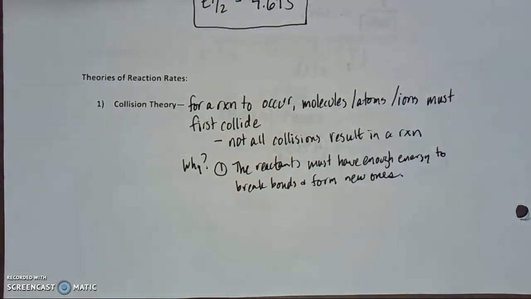If two atoms are coming together really slowly because the temperature is really low, they might not have enough kinetic energy with their motion to cause bonds to break or to form new bonds. So we don't have a reaction.